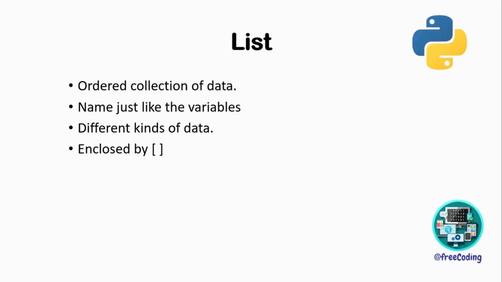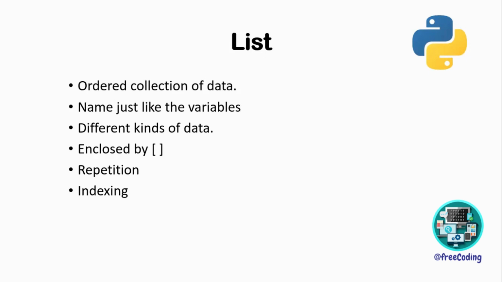If all your elements or items are enclosed by a set of square brackets, then that's how your interpreter is going to identify that this is a list. And repetition is nothing but you could have repeated items inside a list. So for example, you could have multiple item 1 in your list, so that's possible.